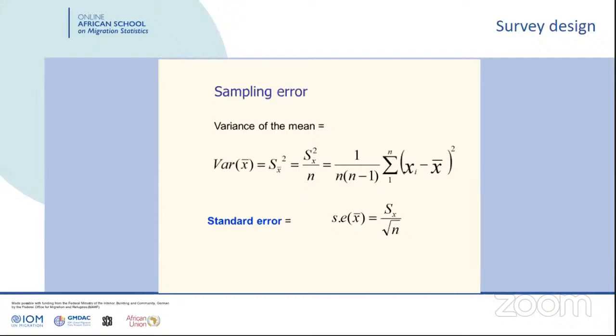Sampling error, many of you will know this from your training in statistics. The variance of the mean. We calculate, for example, the average household income. Then we can also calculate the variance of the mean for this average income. So this is the formula. Standard error is just the square root of the variance of the mean.